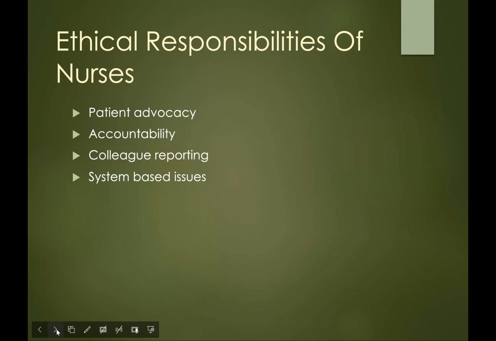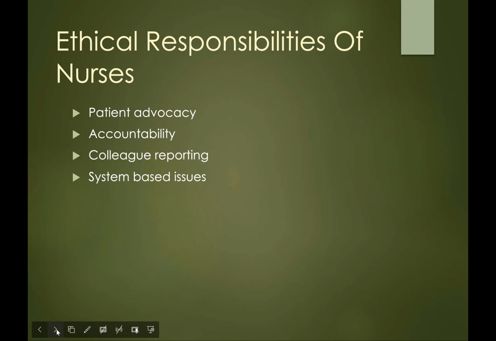Accountability. All of this is under ethical responsibilities of nurses. Accountability. You are answerable to yourself, to your assigned patient, family, supervisor, the healthcare team, and your instructor. You're accountable for all nursing actions you perform or are assigned to.